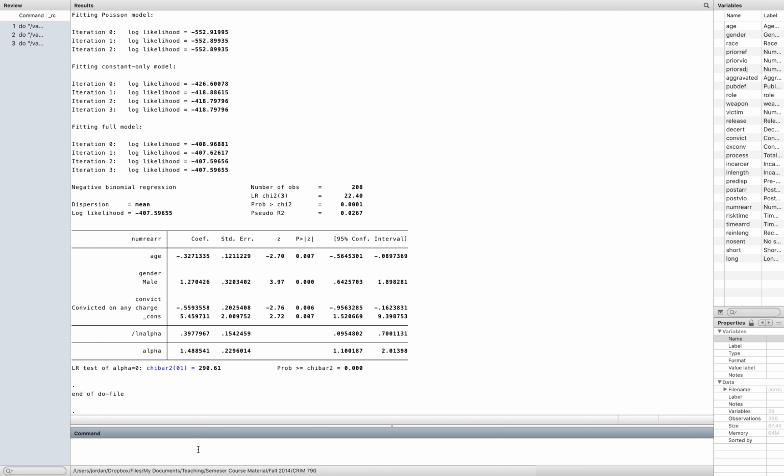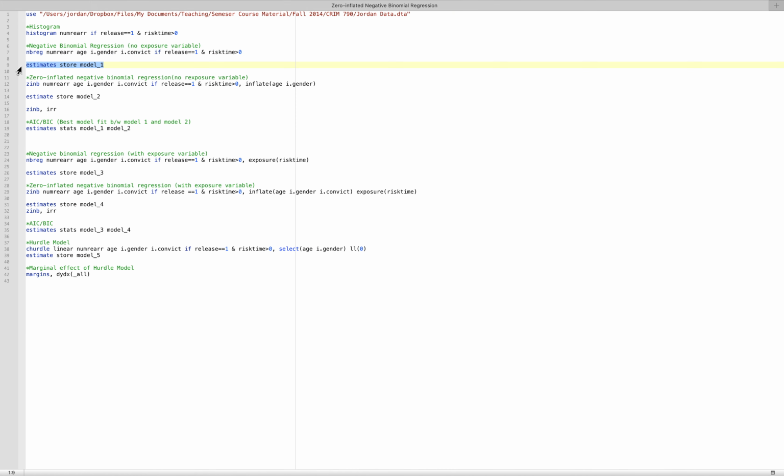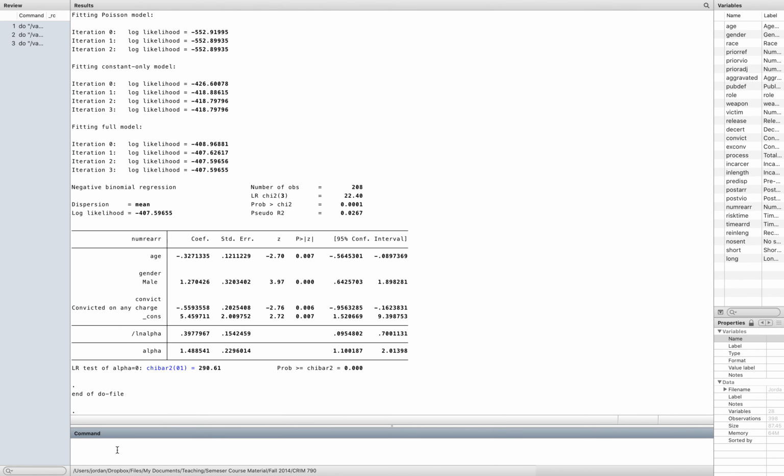Again, I'm not going to go over that too much because it's in the prior video. One of the things that I did not show you is that you can actually store the results from this model, so you don't always have to type it over and put the syntax back in. If you want to store the estimates from this model, the syntax is estimates store, and then you can call the model whatever you want. I just called it model one.